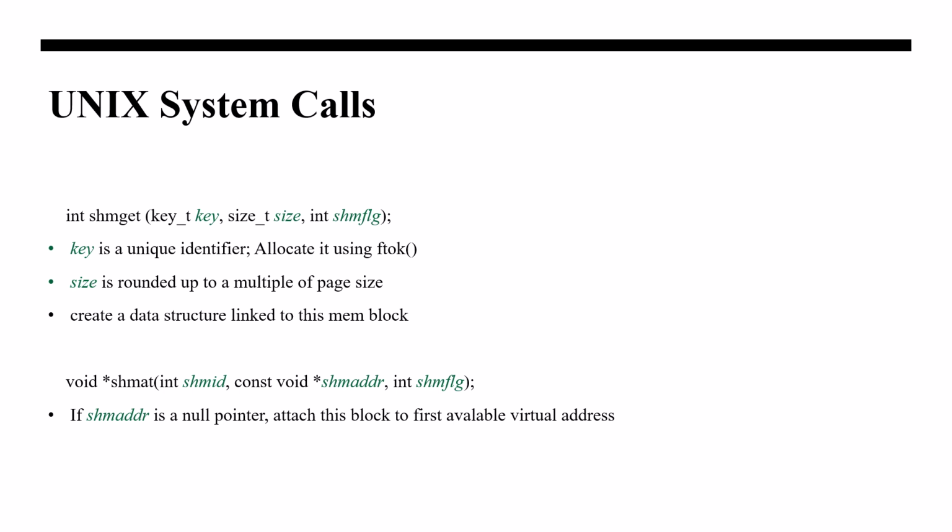Here, for the second argument, you can actually select the beginning virtual address yourself, but if you set it to null, the kernel will decide the first available one for you. And the first argument here, the shared memory ID, is simply the value returned by the first shared memory get function.